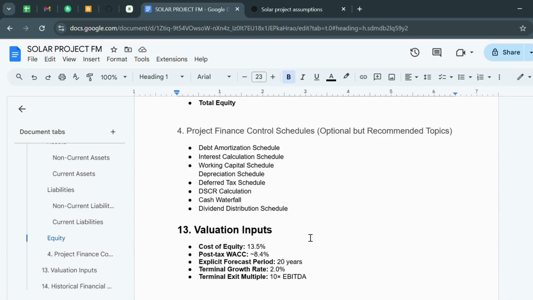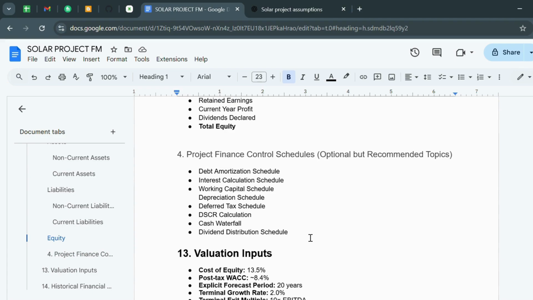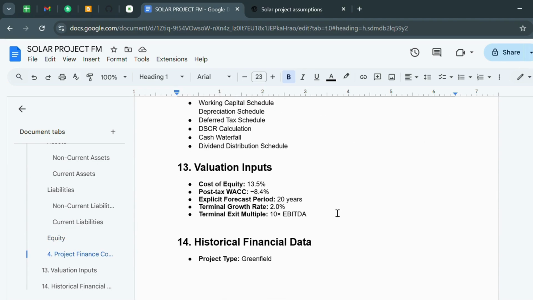These are very important. Maybe I have written optional, but this just shows how good you are in financial modeling. Interest calculation schedule, working capital schedule, depreciation schedule, DSCR calculation, cash waterfall. Let me see, I haven't checked if these optional ones are made in it.